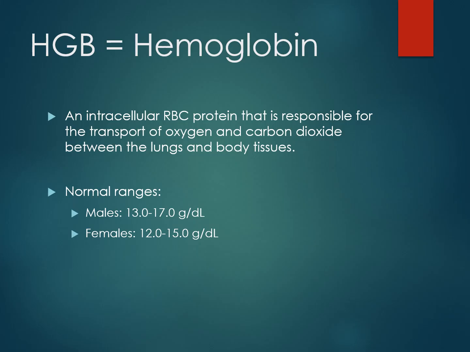So that's actually just a measurement of how much hemoglobin should be present. And for females, 12 to 15 grams per deciliter. So those are the normal ranges. Now, if we are to see anything below 13 for males or 12 for females, that could be an indicator that this person is becoming anemic.